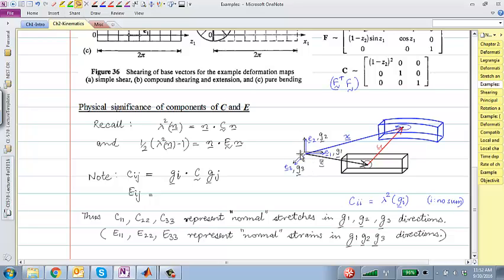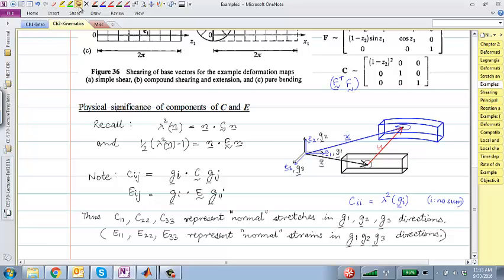For simplicity, I've assumed them to be in the same direction, but C does not act on the deformed tangent vectors E1, E2, E3. C acts on the undeformed tangent vectors G1, G2, G3, which picks out the ij component of C.